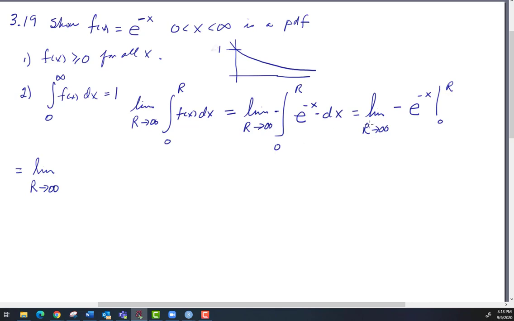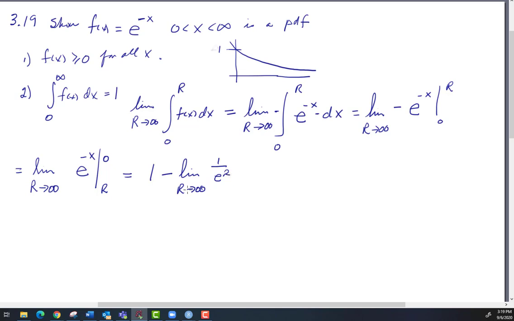And I'm going to do something that I like to do, you don't have to do, but it's a theorem from your calculus, that I can change this minus to a plus if I reverse the limits on the integration. And so it would be e to the minus x from r to 0, which would be equal to, now I'll put the 0 in, you get e to the 0 is 1, minus the limit as r goes to infinity, and you put the r in, you get e to the minus r, which is 1 over e to the r.